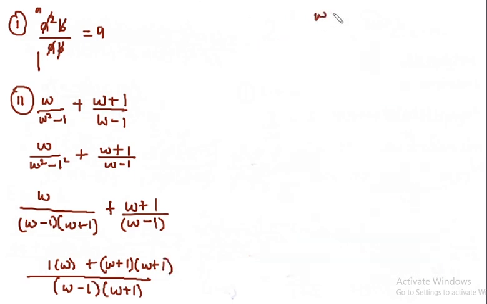From here we have w plus 1 plus w plus 1. If we expand these brackets here, we have w open bracket w plus 1 open bracket w plus 1. So we take the first term here and multiply it with the second bracket. Take the second term here, multiply with the second bracket. So that's how we get this.